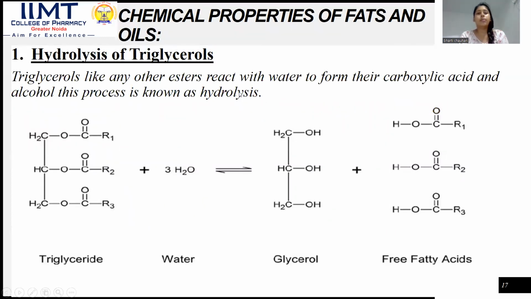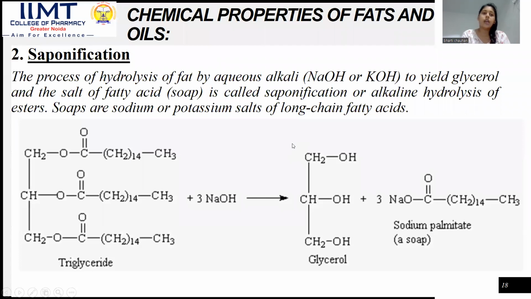So, if we talk about the chemical properties of triglyceride, first is hydrolysis. When we react the triglyceride with water molecules, 3 molecules of water, then it produces glycerol and 3 fatty acids. Next is saponification, the process of hydrolysis of fat by aqueous alkali.